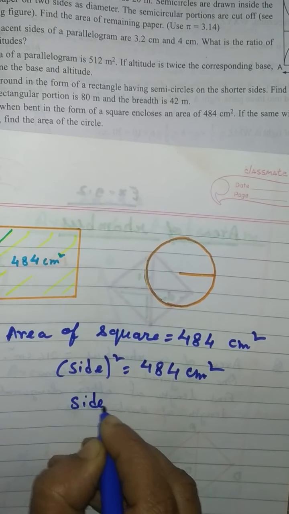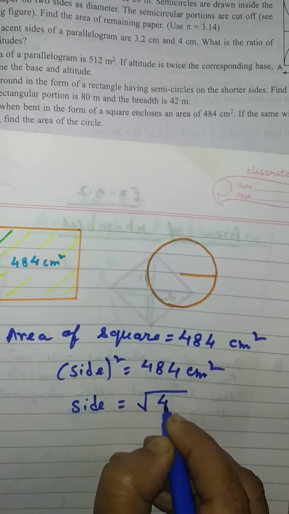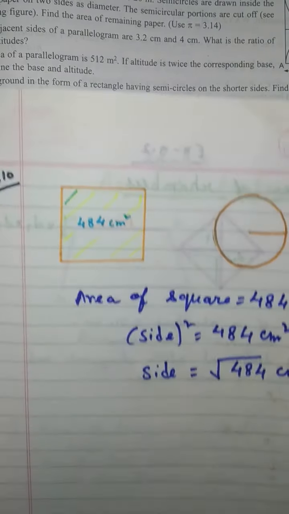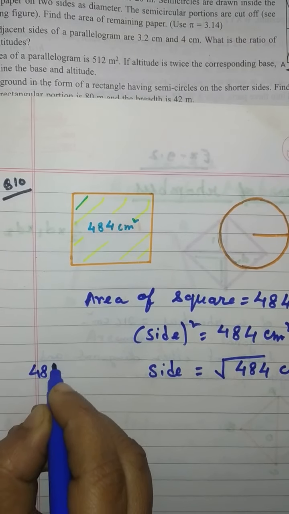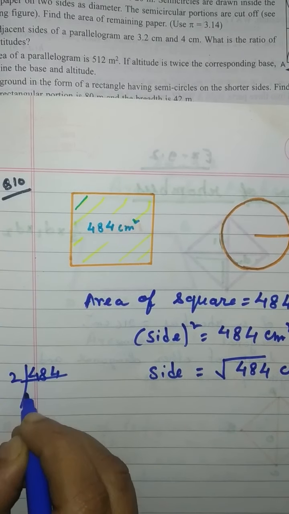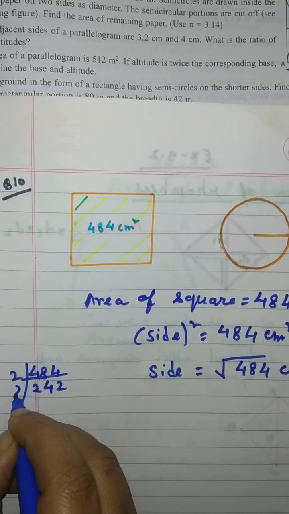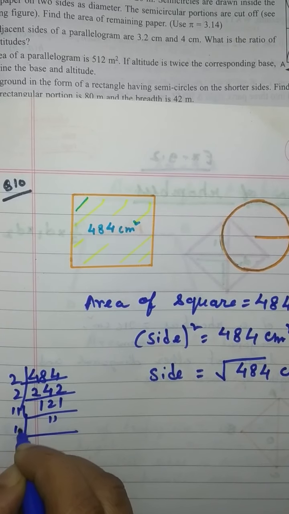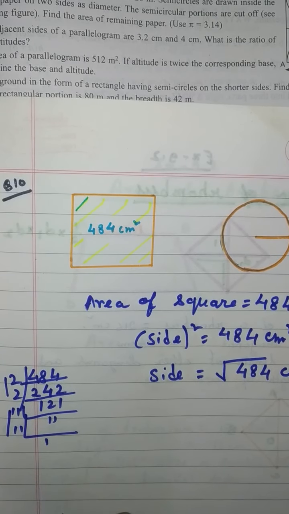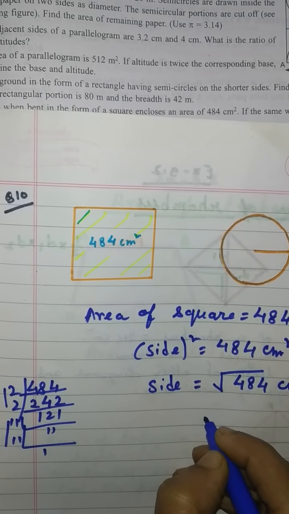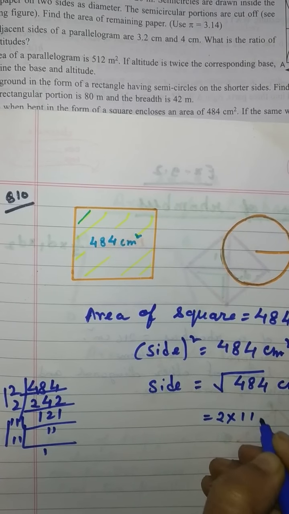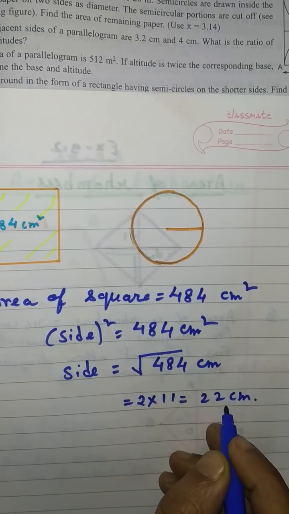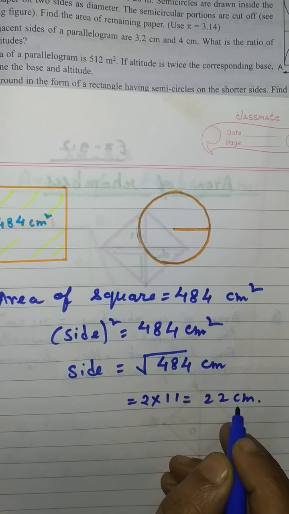Then side is equal to under root of 484. Find the factors. Take out 2. So square root of 484 is equal to 2 into 11, that is 22 centimeter. So this is each side of the square.